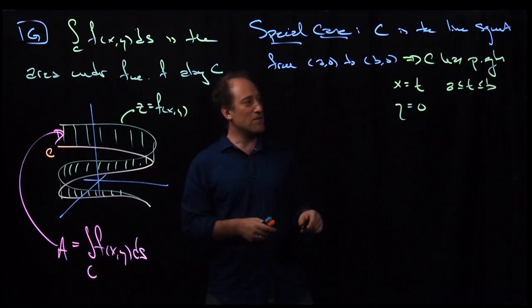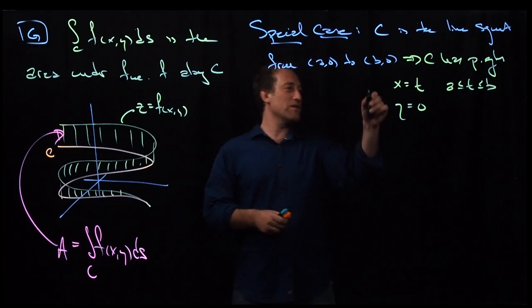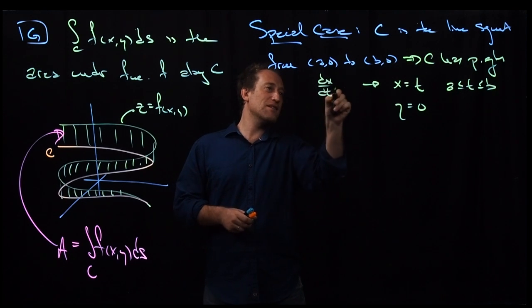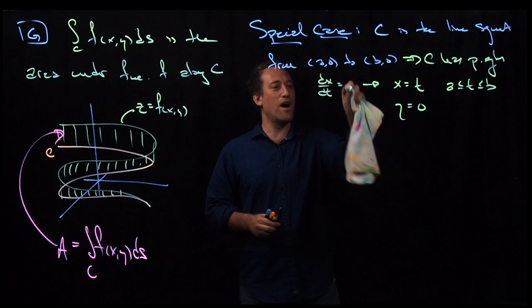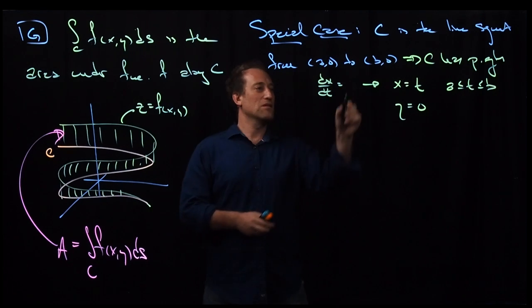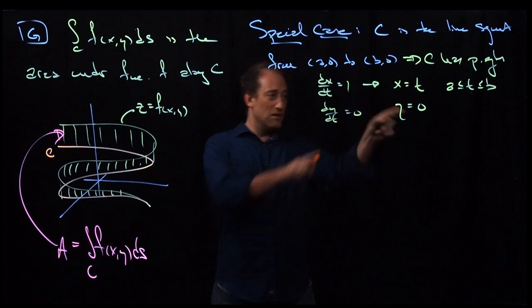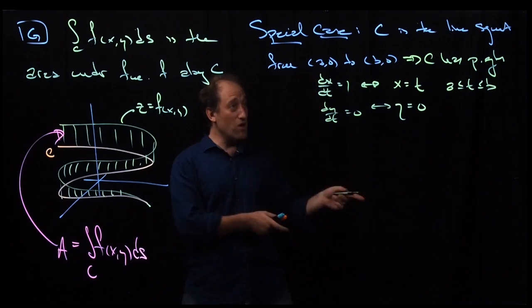Well, I don't need any bounds on that. In which case, this tells me that dx dt is not 0, but 1. And this, of course, tells me that dy dt is equal to 0. So what?